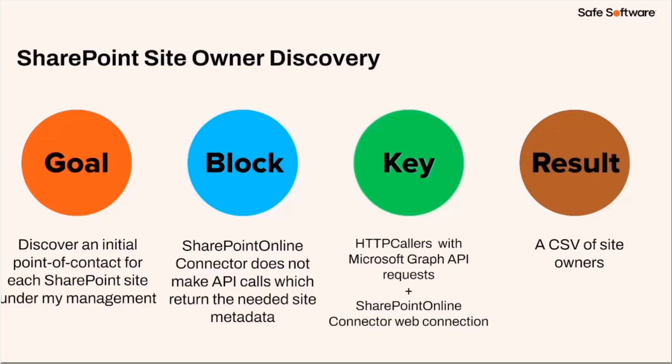I'm going to use HTTP callers with well-formed graph API requests and an authorized SharePoint Online connector web connection to get at some of the site ownership information and produce a CSV of at least potential site owners that I could consider as relevant points of contact for each site.